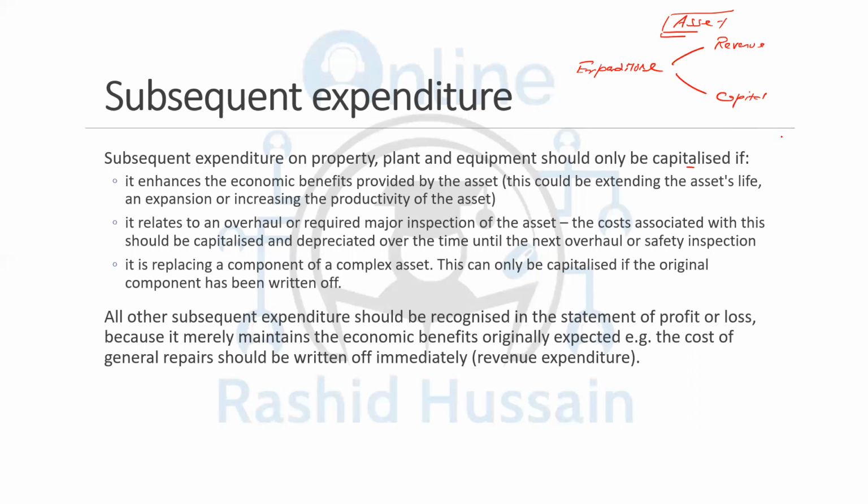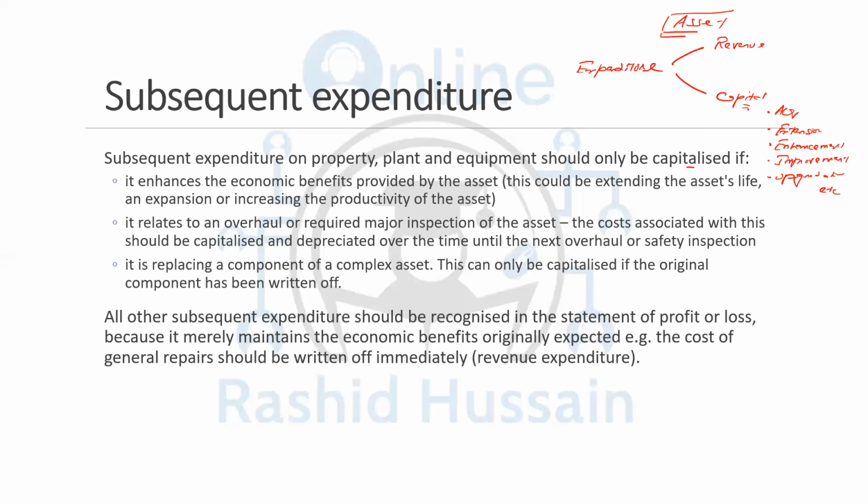So we studied earlier in the initial accounting paper that if you're spending on the acquisition, extension, enhancement, improvement, upgradation, etc. of the non-current asset, then this expenditure is going to be regarded as the capital expenditure.